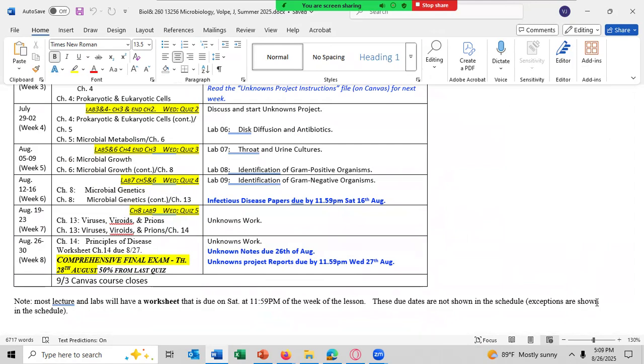Today we're going to talk about chapter 14 and finish that. The worksheet for chapter 14 is due on the 27th. That is tomorrow, and that's because this is the summer term, so everything's truncated. Sorry about that.